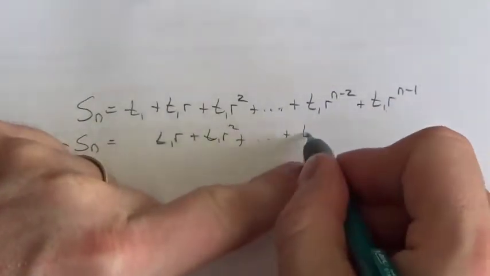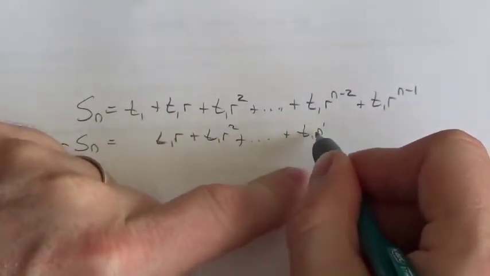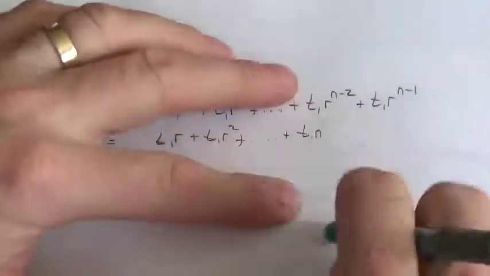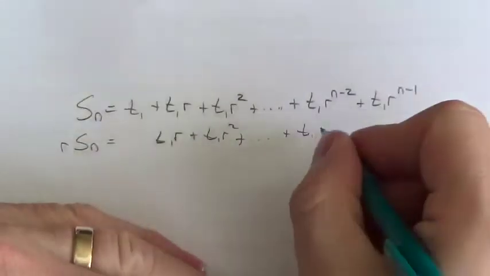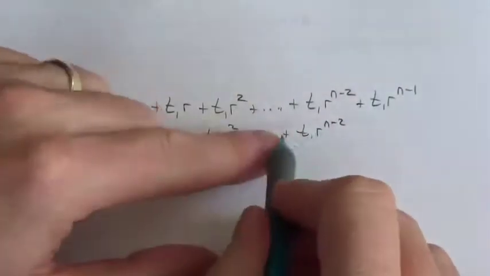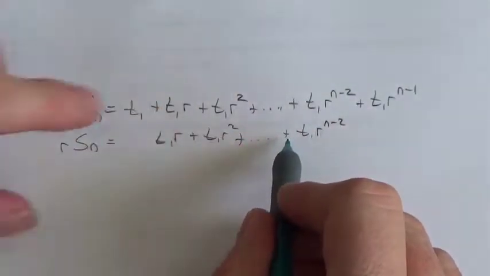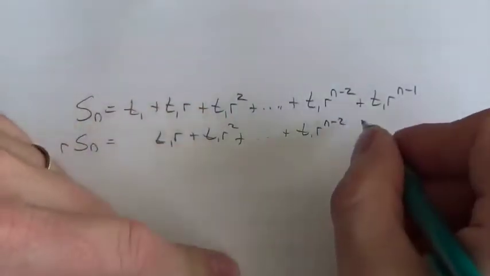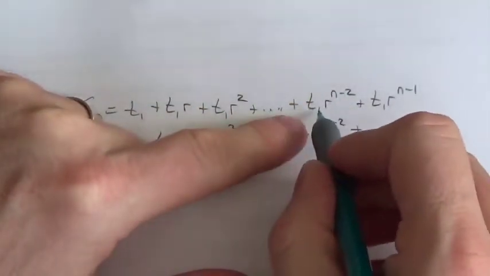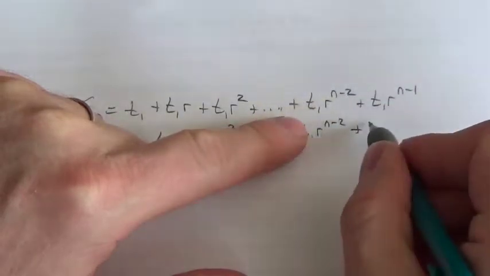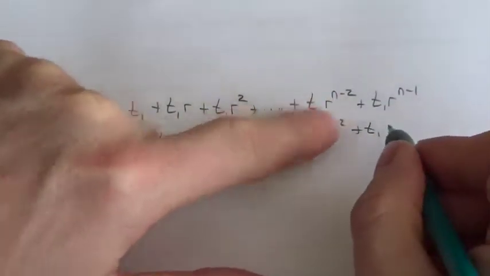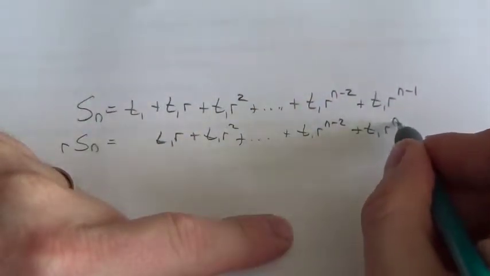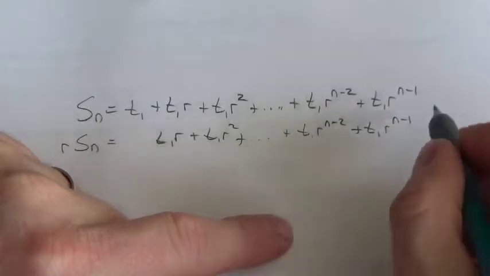I'm going to get a t1 r to the n minus 2. Sorry, I wrote that out wrong. Now this was my t1 r to the n minus 3, and then I multiplied by another r. Then when I multiply t1 times r to the n minus 2, I add another 1 to the exponent, and it becomes t1 r to the n minus 1.